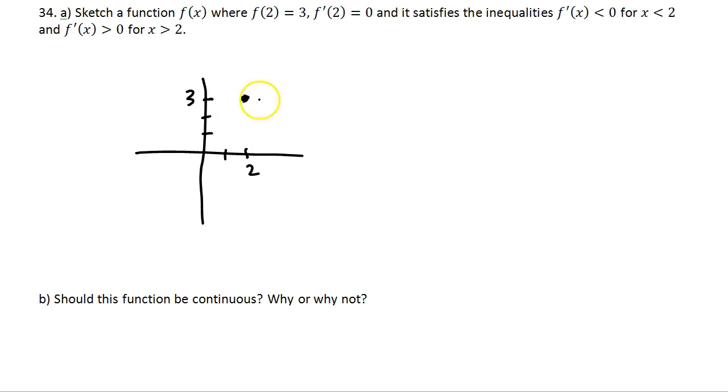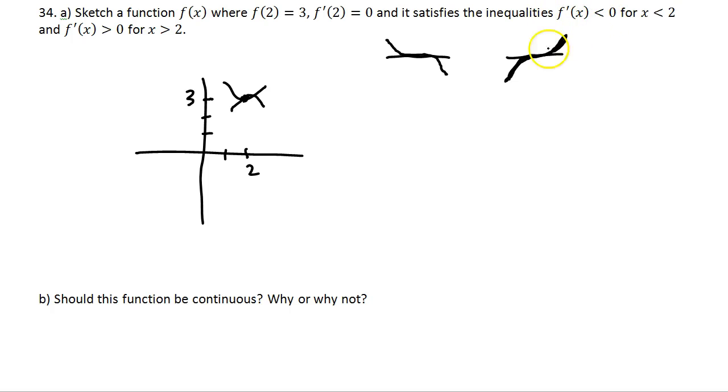That means I have a horizontal tangent line here. Now, when would you have a horizontal tangent line? It could be like this one or that one. It could be like briefly 0 and coming down. That's another special way that could still have derivative equal to 0. However, we have f prime less than 0 for before 2. So what does that mean?